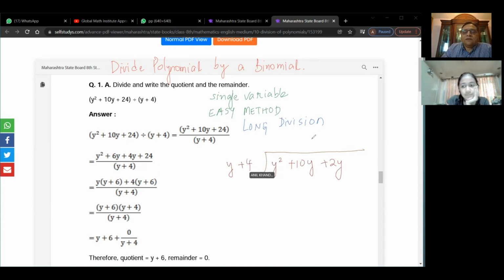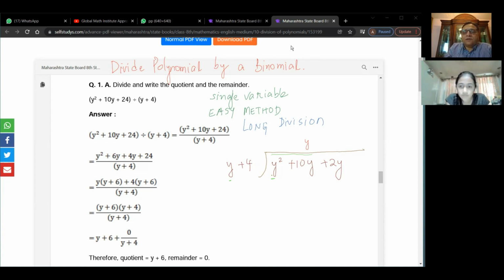We have got two terms, and therefore we will engage two terms, right? Now you have to take care of the first term, y. How many times will y go into y square? Tell me. We'll get y times, correct? Because y times y is y square. So now we will multiply y with y plus 4.